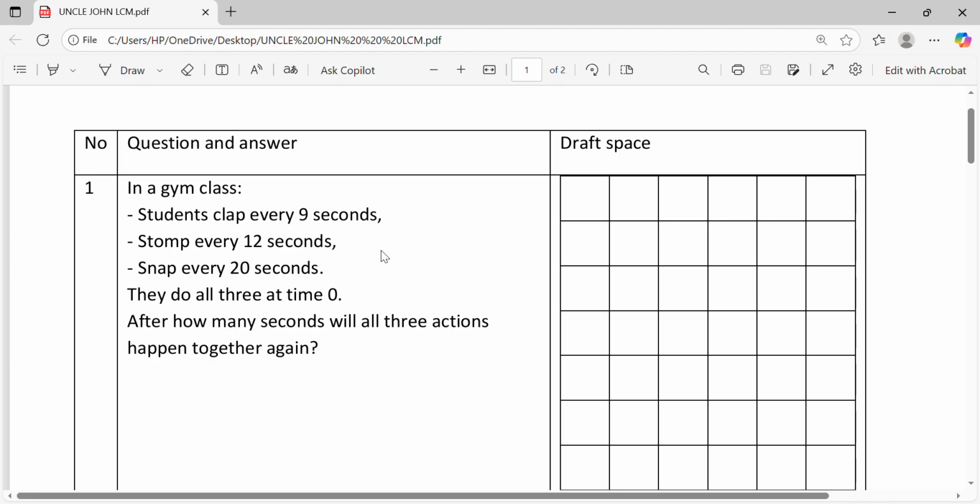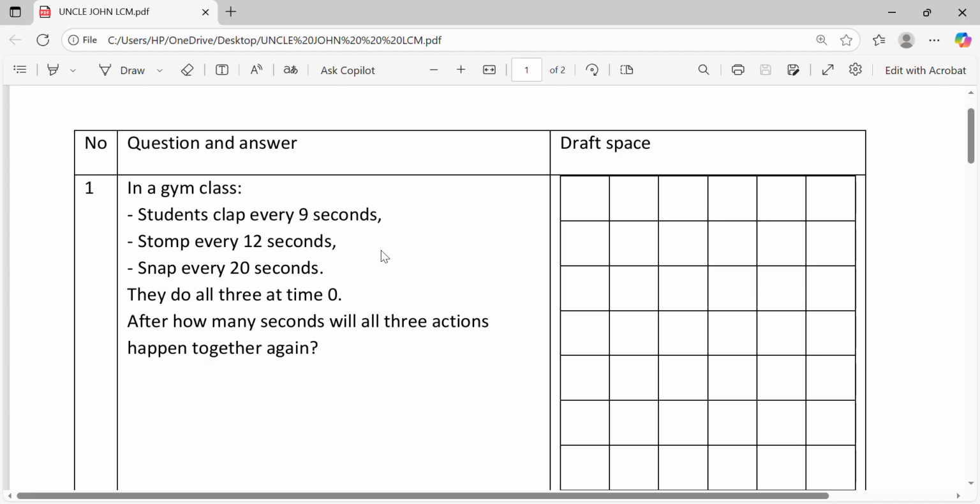Then multiples of 20: 20, 40, 60, 80, and so on. You would have got the common multiples, and you will easily find the least common multiple. That is it. But still, for me, I find it easy but time consuming.